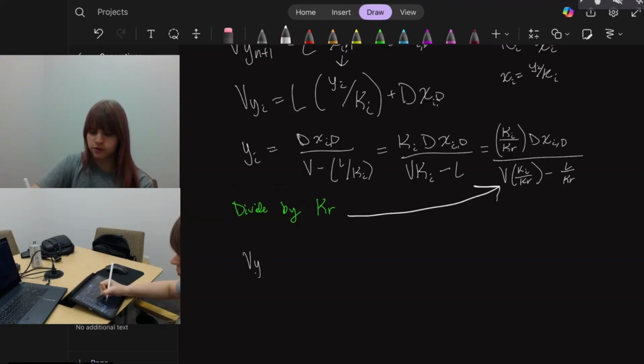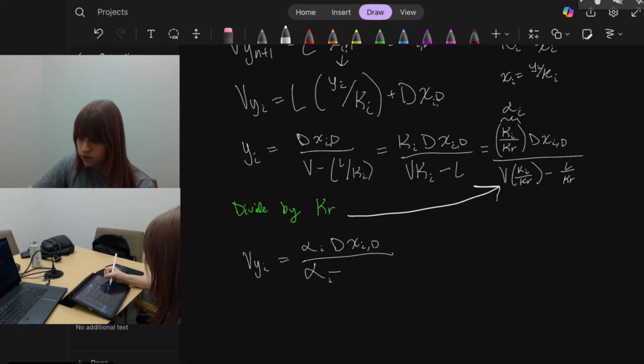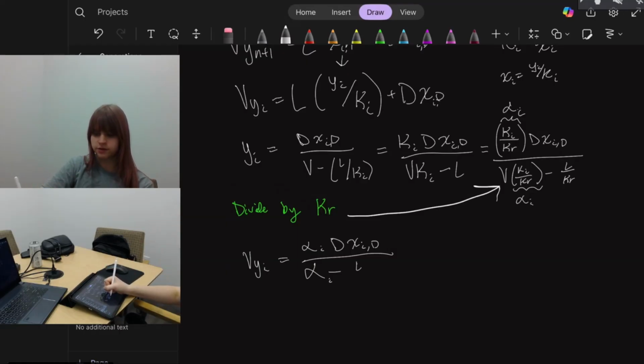We can simplify that a little bit to be V times yi is equal to the relative volatility of component i, which is that right there, times the distillate times the liquid composition in the distillate, divided by our relative volatility that we talked about, minus L divided by V times Kr.